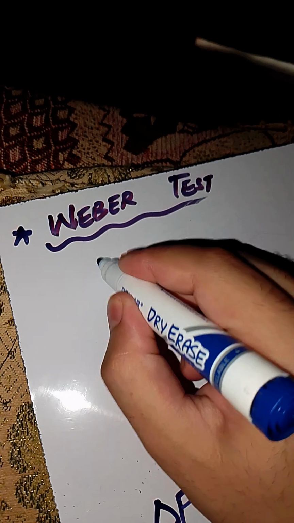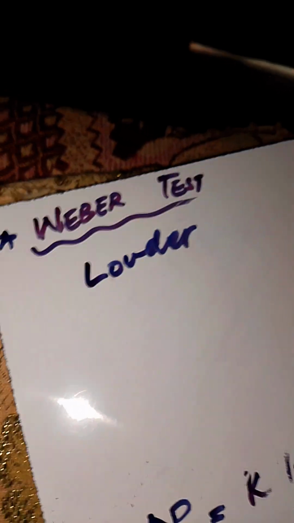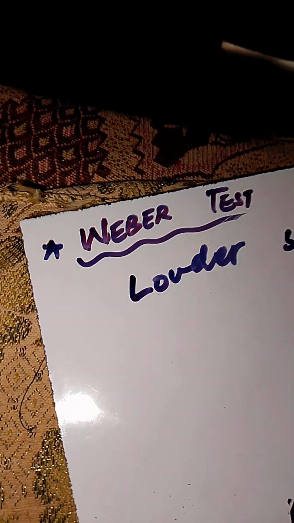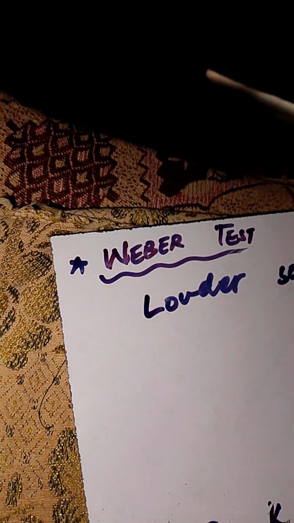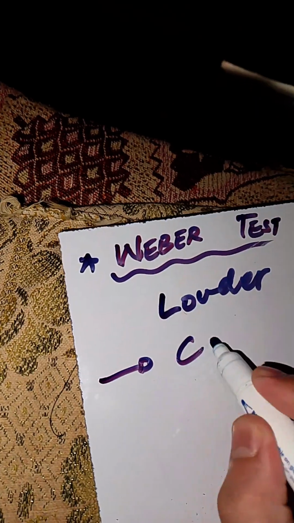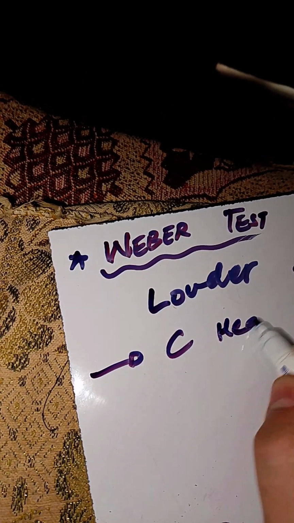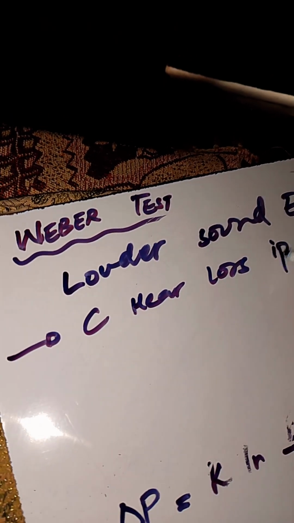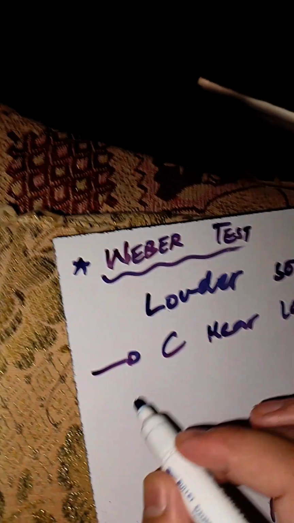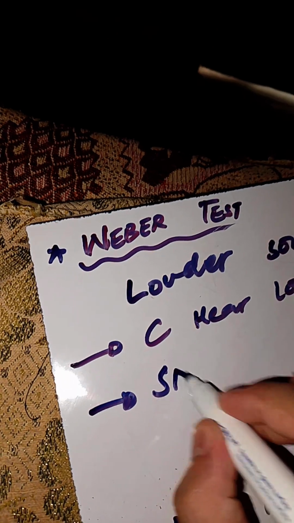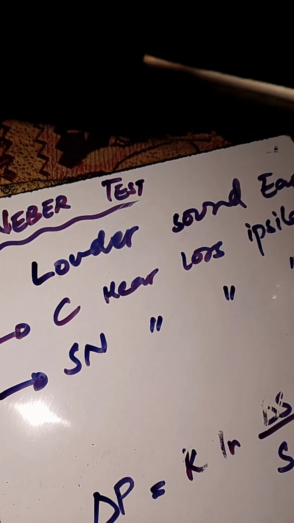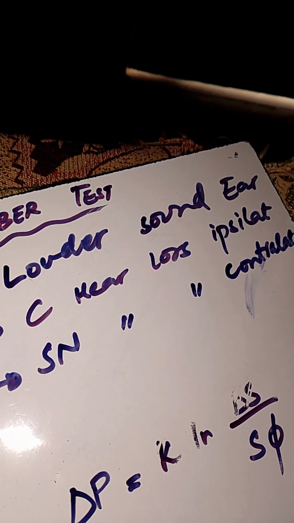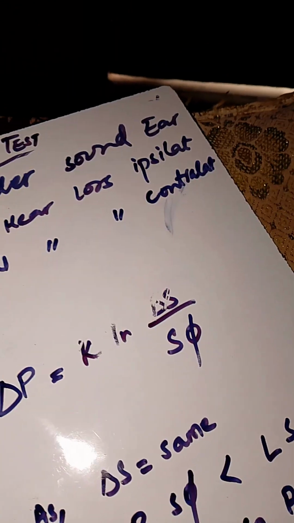If I have louder sound in an ear, there will be conductive hearing loss on that side, so ipsilateral conductive hearing loss, while sensorineural hearing loss contralaterally. Contralateral sensorineural hearing loss, or ipsilateral conductive hearing loss.